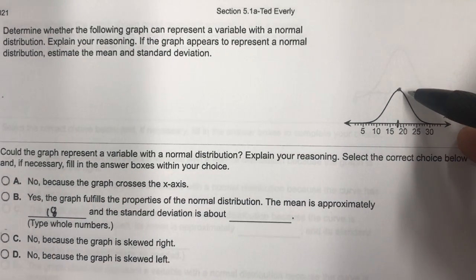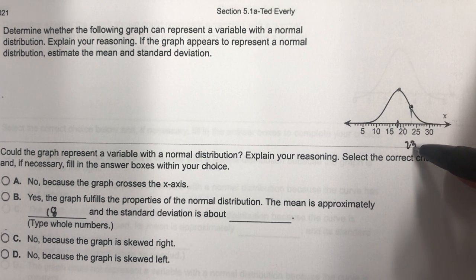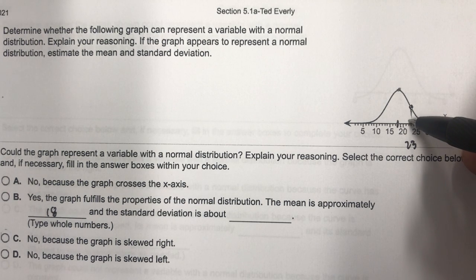And my standard deviation, now what I gotta look for is where does it stop curving down and start curving up? And it looks about like maybe right here, which would be like maybe 23 or maybe 22.